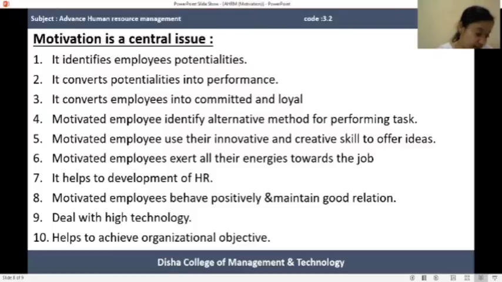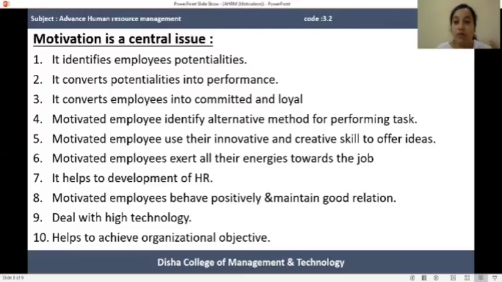Next, motivated employees exert all their energies towards the job. Highly, positively motivated employees always try to exert all their energy towards the job, because they think that if the organization is developed, then only is their development possible. So if they want to develop, they want to develop the organization first.